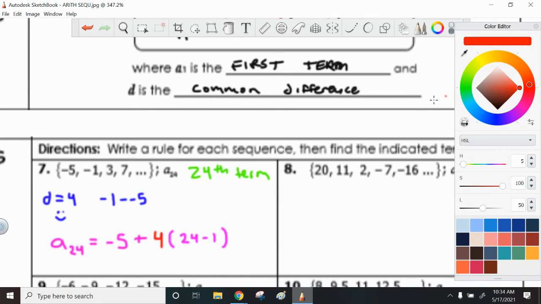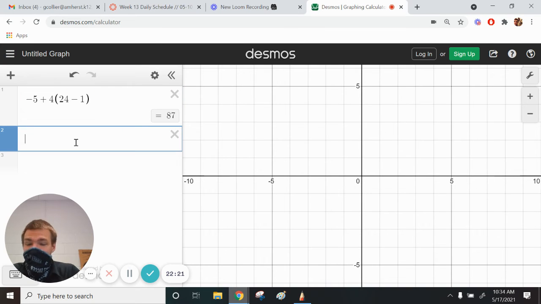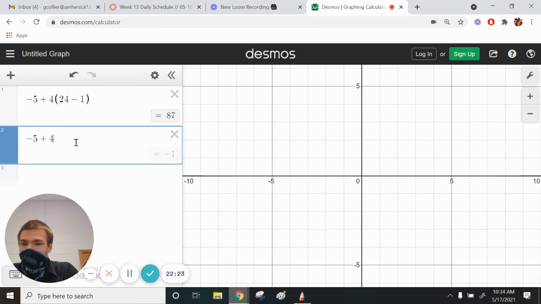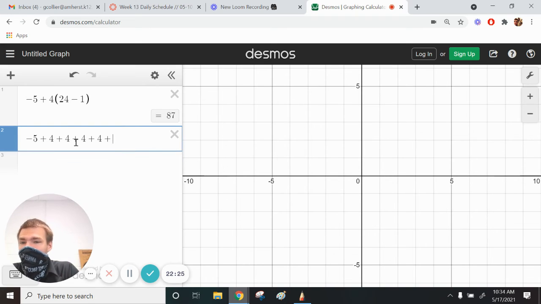Now, a totally legitimate way is you could have just added 4 over and over again until you got there. But it looks like this: -5 plus 4 plus 4 plus 4, and so on.